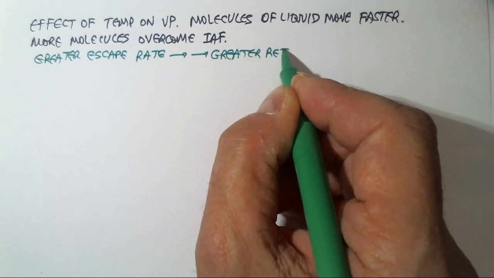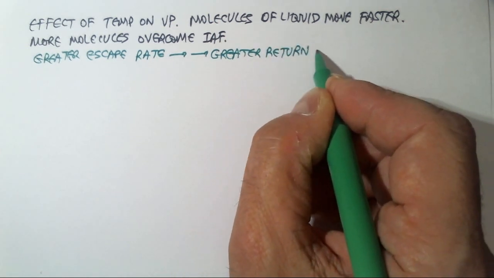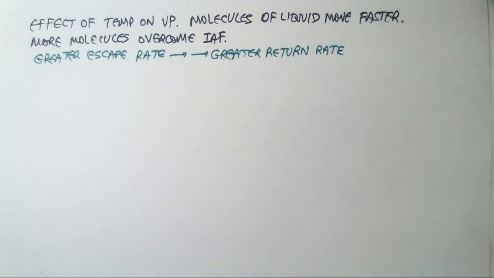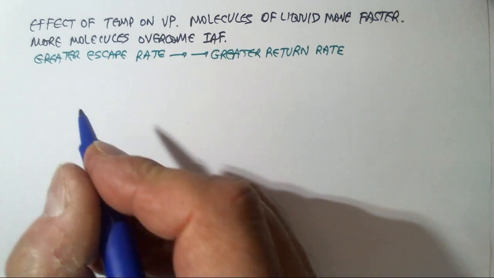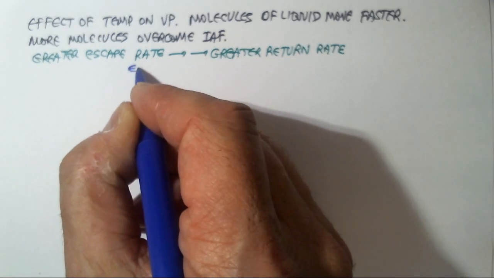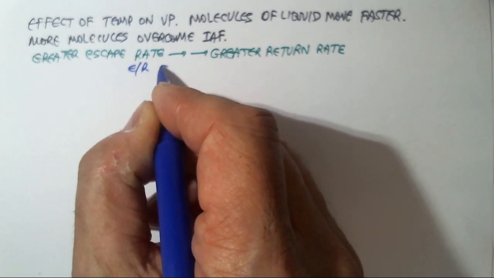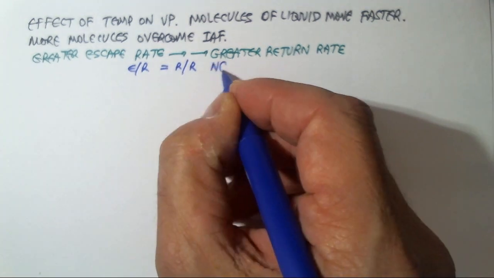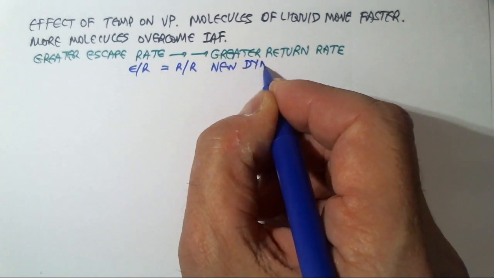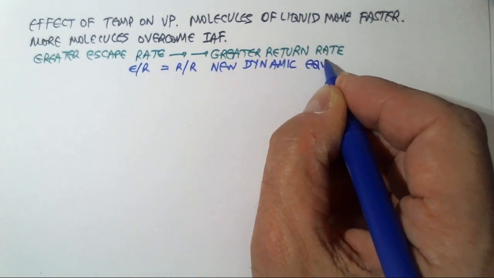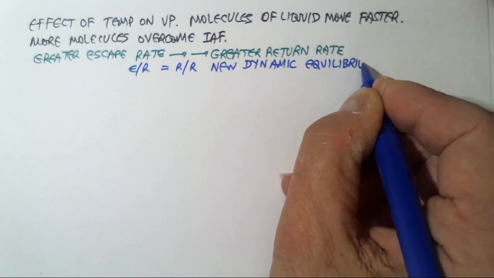And eventually, it's kind of like we saw in the last video, the two rates become equal, and you have another dynamic equilibrium. The escape rate, I'll just call that ER, equals the return rate, RR, and so you have a new dynamic equilibrium.